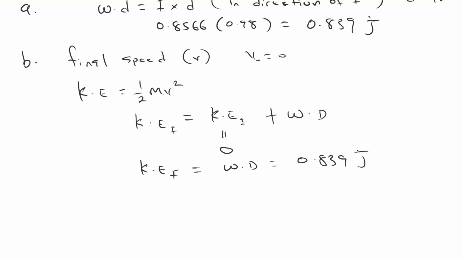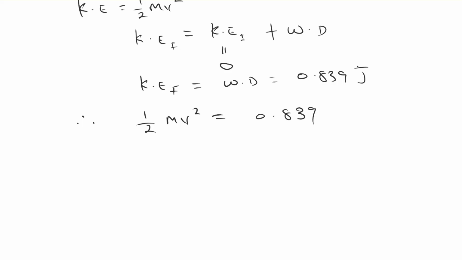So now we can simply equate kinetic energy to work done. Therefore we have that 1 over 2 mv squared, which is after the displacement, because this is the work done on the object after the displacement, is equal to 0.839.